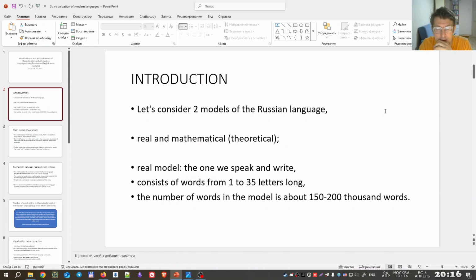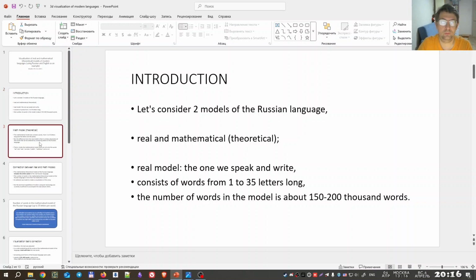Next, the number of the words in the whole language is around 150 to 100,000 words. It's a real language. But let's talk about the mathematical Russian language.